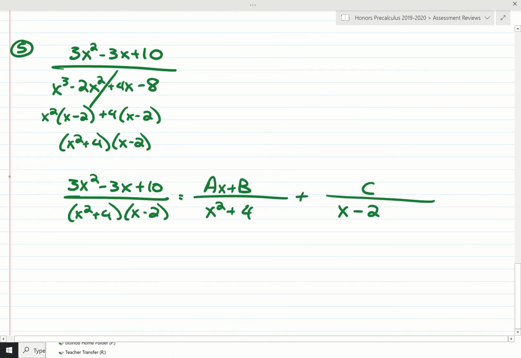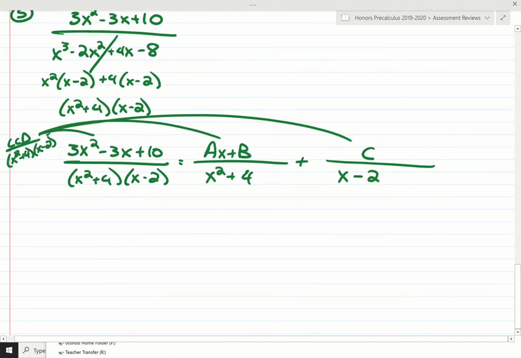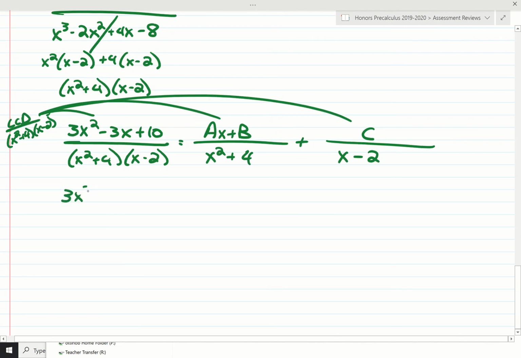And if we multiply by our least common denominator, let's see what we get here.